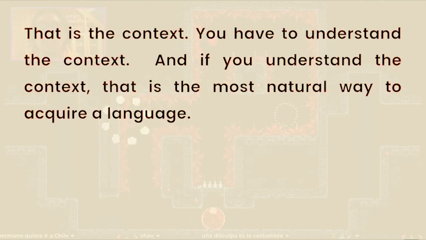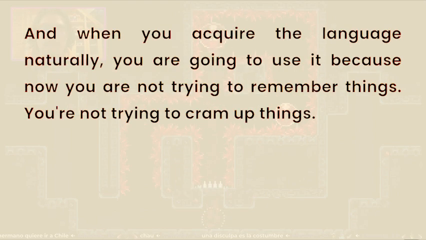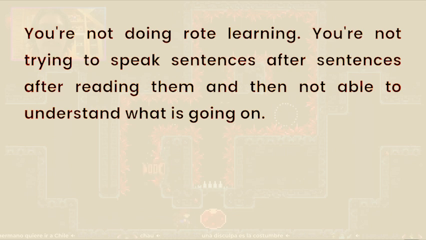That is the context. You have to understand the context. And if you understand the context, that is the most natural way to acquire a language. And when you acquire the language naturally, you are going to use it because now you are not trying to remember things. You're not trying to cram up things. You're not doing rote learning.